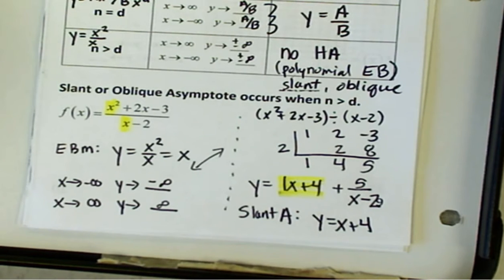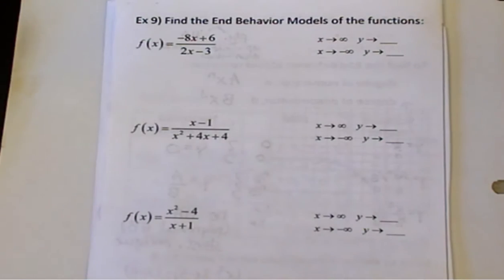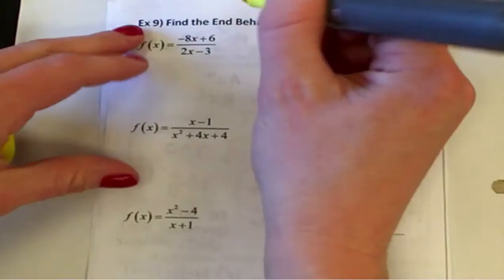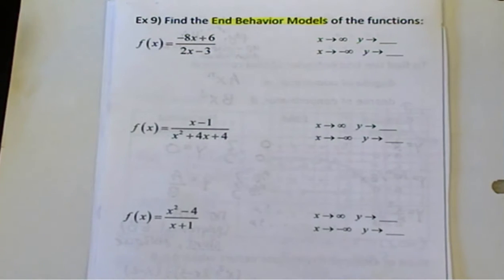Transformation form is useful for a lot of things, right? That division is an easy way to pick out the asymptote. Okay, turn it over. You've got 3 questions to try: 3 end behaviors, pick the category, and find it. All right, end behavior means polynomials.